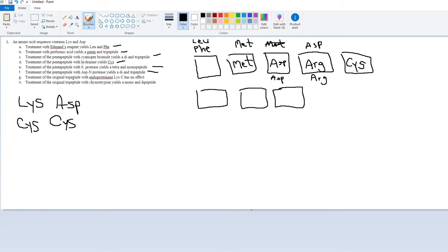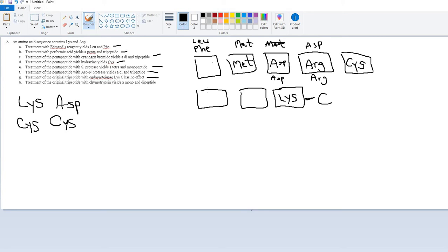Okay, so treatment of the original tripeptide with endoproteinase Lys-C has no effect. And we know that our protein contains a lysine, so the only place in this where it would have no effect is on the end here, because it's going to cleave at the C-terminal, and there's nothing past the C-terminal on this protein.